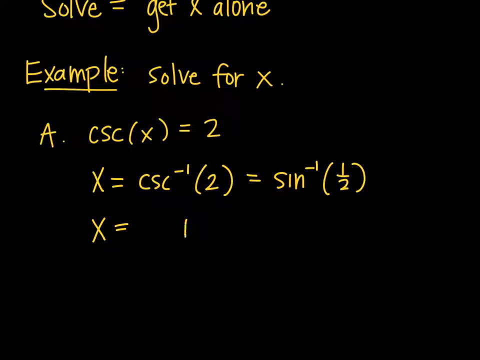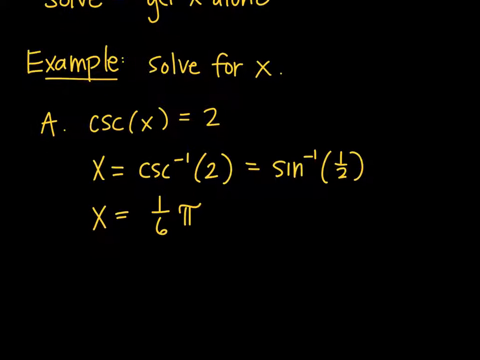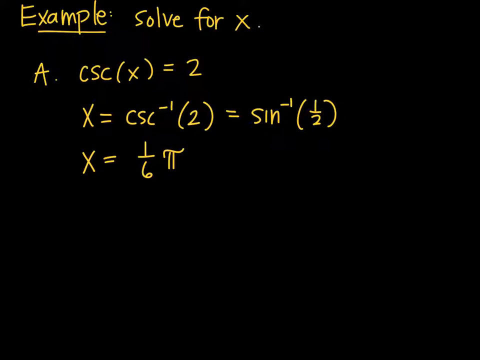So the answer has to have a pi on it, and what would be the appropriate pi? 1/6. You got it? And that's the final answer. So I think you'll feel comfortable with these because it's a little bit of algebra, getting x by itself, but then it's the unit circle as well. Okay, let's try another one.